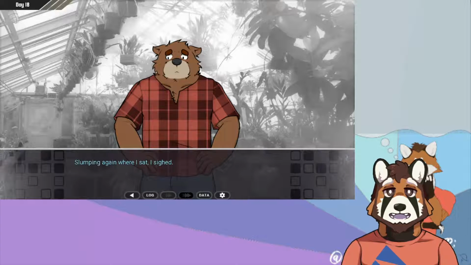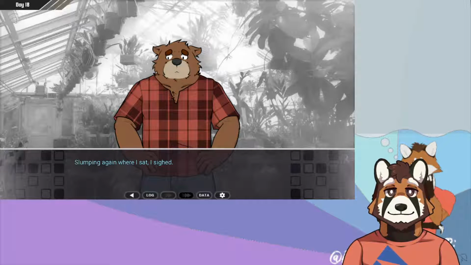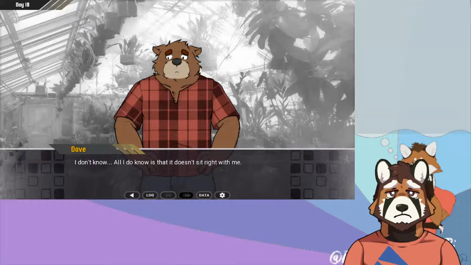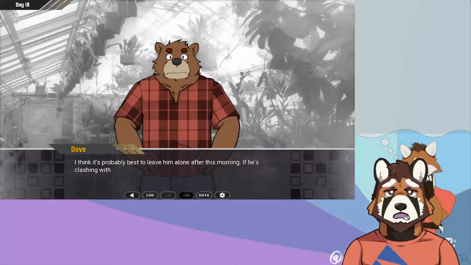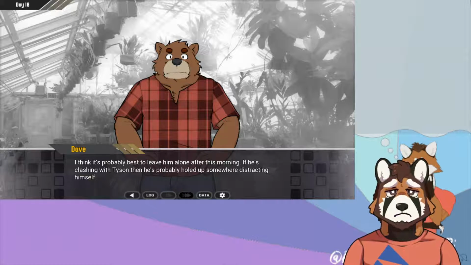Slumping again where I sat, I sighed. I don't know. All I know is that if it doesn't sit right with me... Should I get Orlando again? I think it's probably best to leave him alone after this morning.